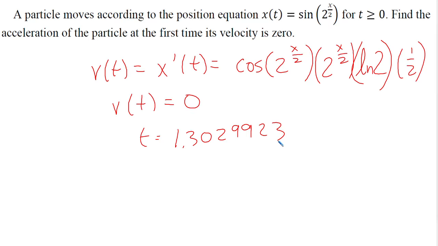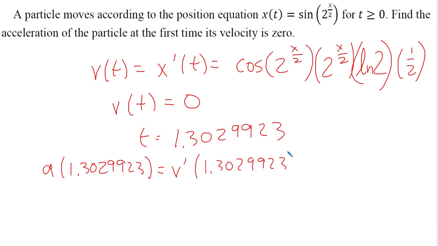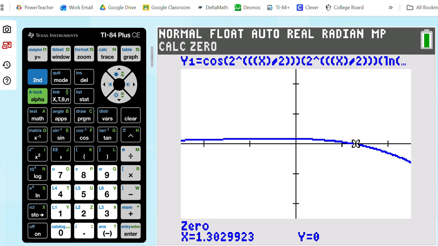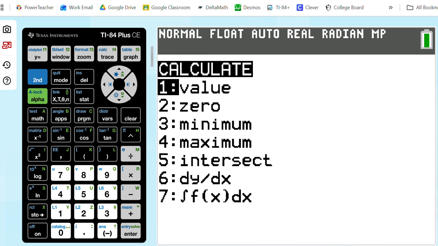And since I don't need to use this value more than once, I'm not going to bother to go in and store it in my memory. I'm just going to go ahead and say a of 1.3029923 is equal to v prime of 1.3029923, which is, and then I'll go back to my graph. I'll say second, calculate option 6, which is my dy/dx.